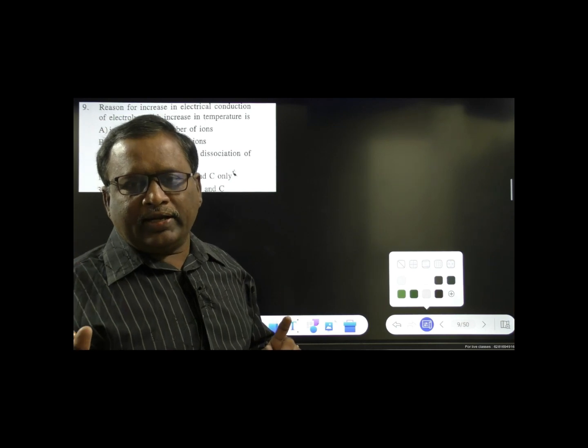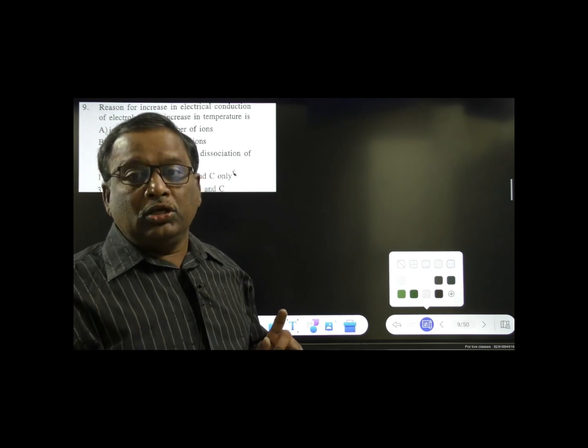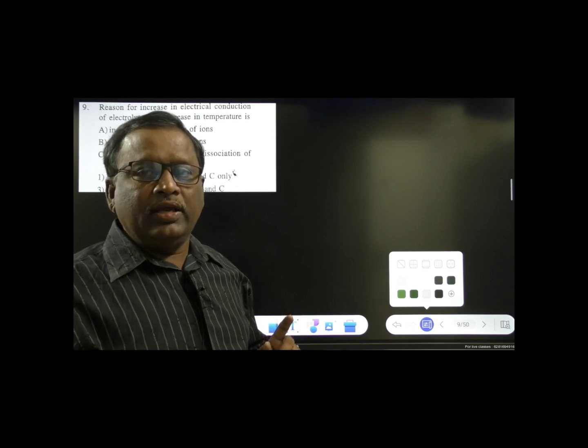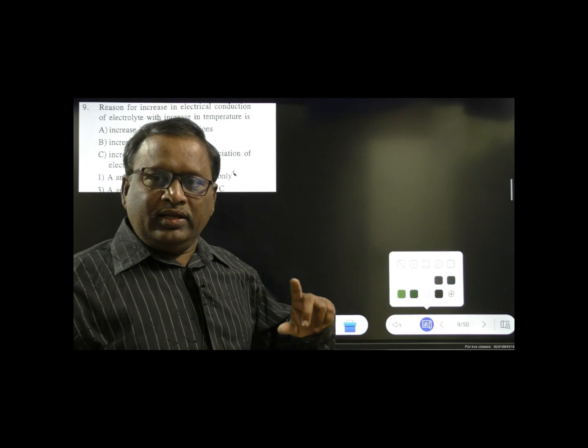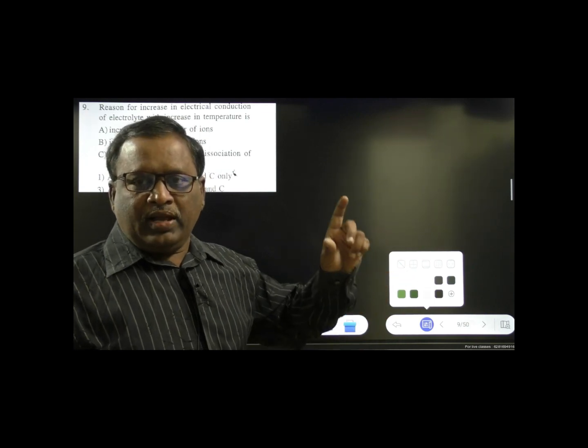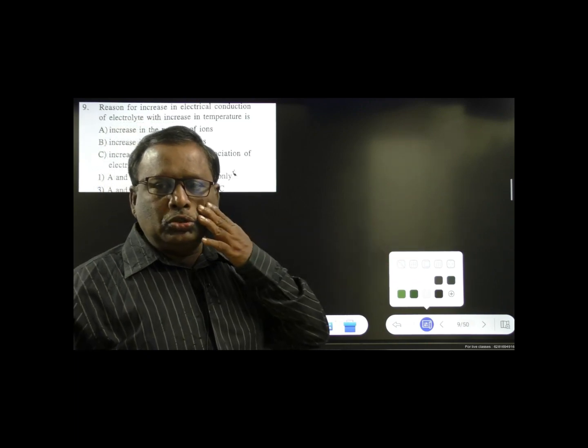This is the difference between metallic conductor and ionic conductor in terms of effect of temperature. In metallic conductors, increase of temperature decreases the conductance due to the increase of resistance. In ionic compounds, increase of temperature increases the ionization and the velocity of ions. These are the two reasons.